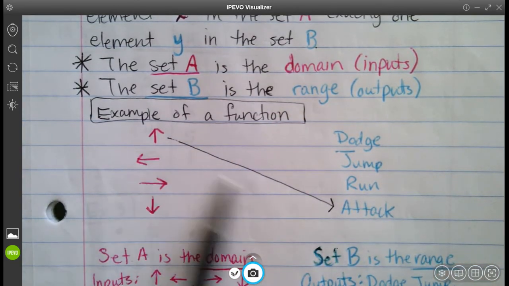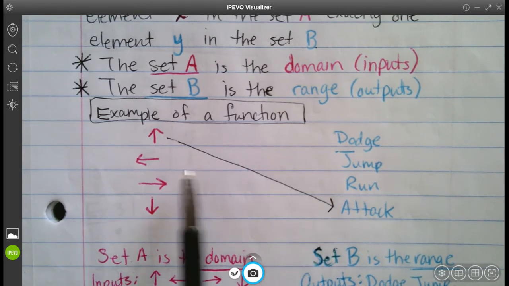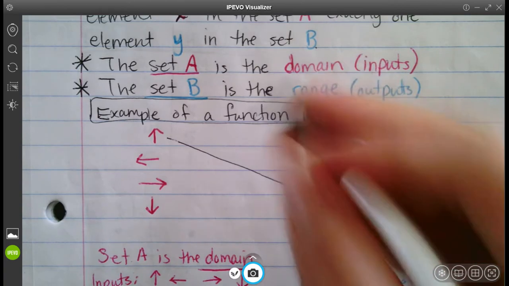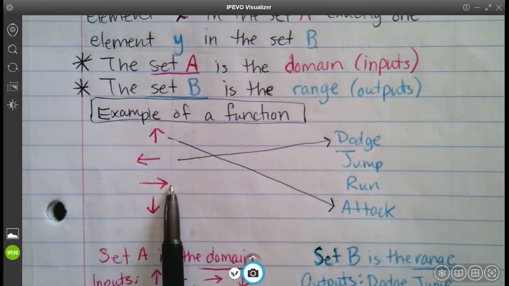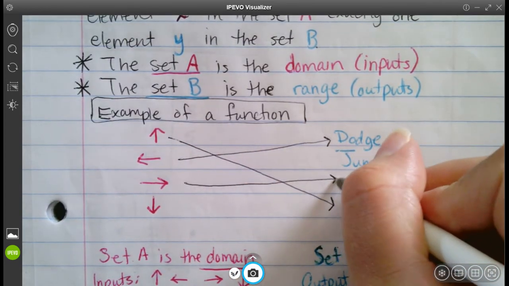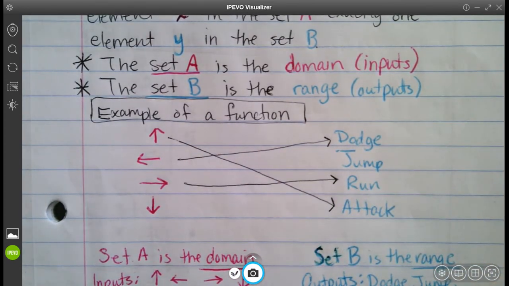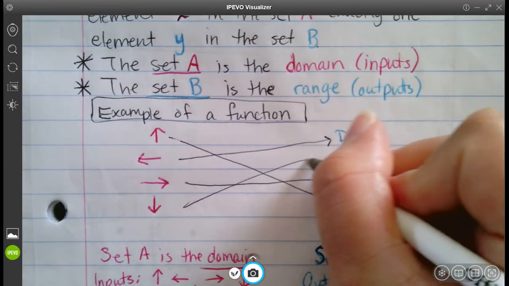So if you press up, that might mean attack for the avatar that you're using. Okay, to the left could be dodge. Okay, to the right could be run. Some pretty weird commands, but it is what it is. And then down could be jump.